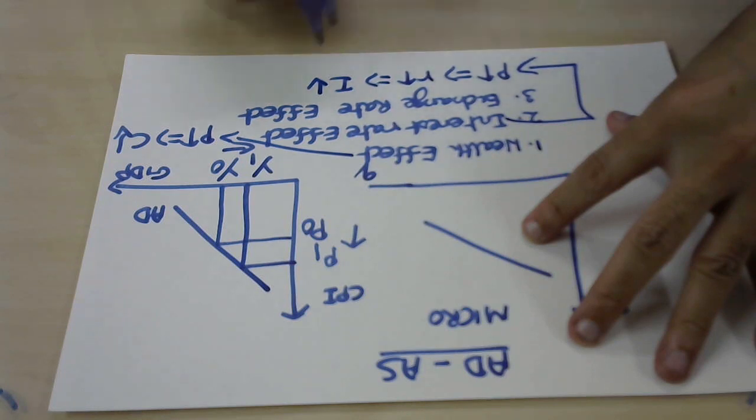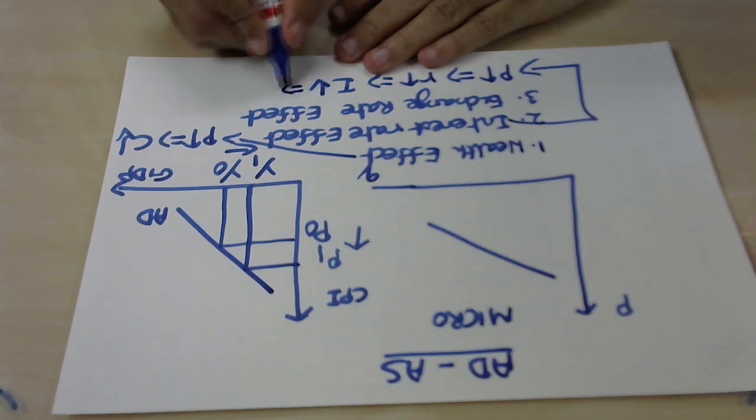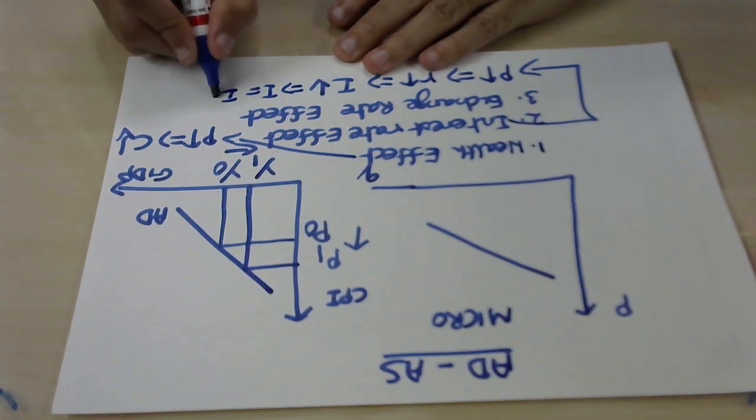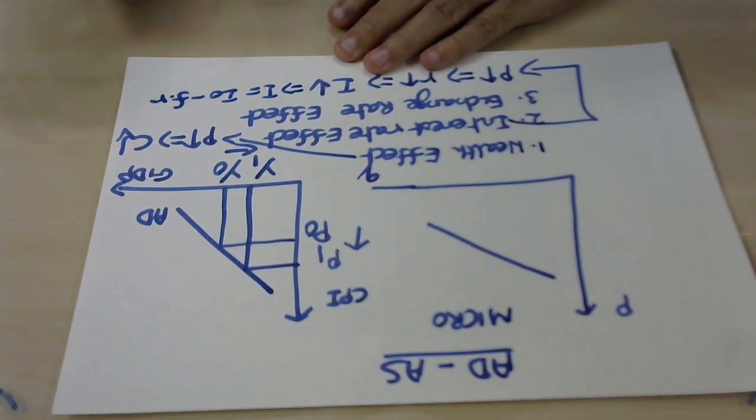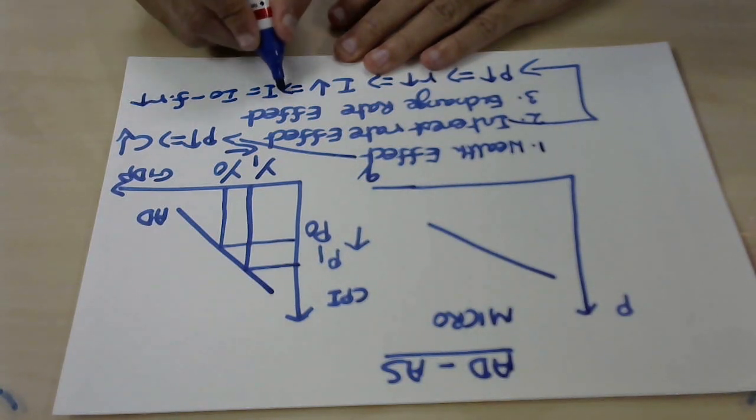The interest rate effect leads to a fall in investment, because when prices are going up, people are withdrawing more from the banks, less money is available with the banks, so credit rationing takes place, which leads to an increase in interest rate, which has an adverse impact on I, because we know I is equal to I0 minus fR. It is inversely related to R.